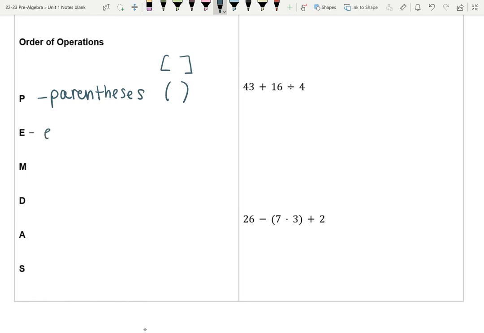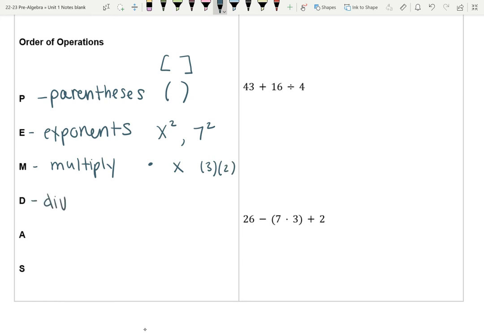E is exponents, which is what we just talked about above. So, for example, maybe x to the second or 7 to the second, something like that. M is multiplying or multiplication. So, just times something. You can see different ways of multiplication, or you might see it in parentheses like this.